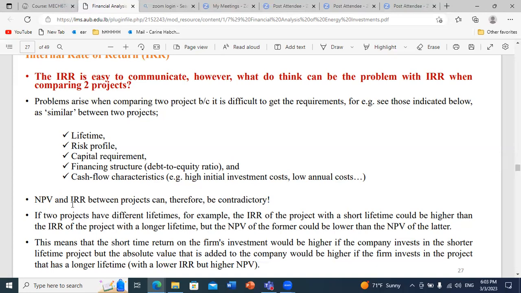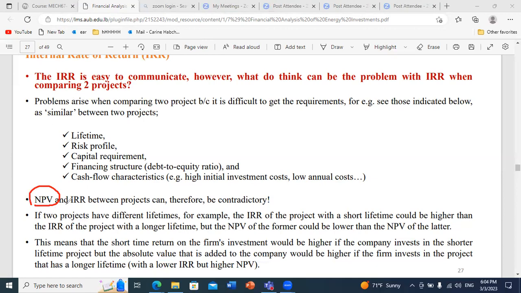NPV and IRR between projects can therefore be contradictory. What do we mean by this? Sometimes you can have a larger net present value. So if you compare the net present value, maybe you select project one. But if you compare IRR, you select project two.